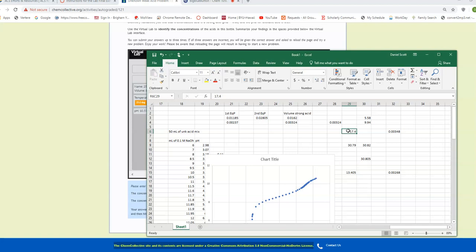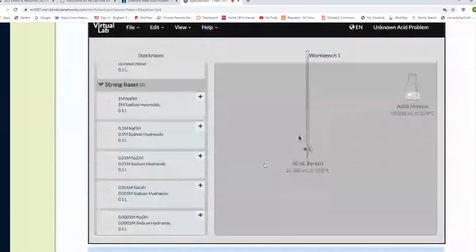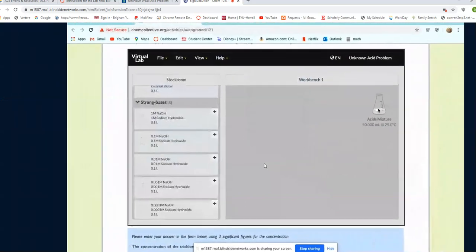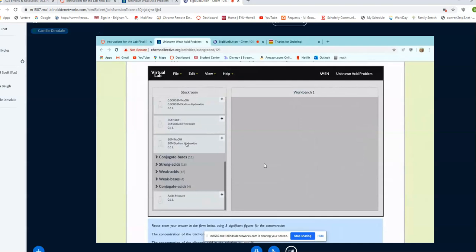So do I clear this whole workbench and start over? Yeah. Is there a way to just clear it? Remove it all. So are you sharing your screen already? Yeah, okay, I think that's fine. Okay.